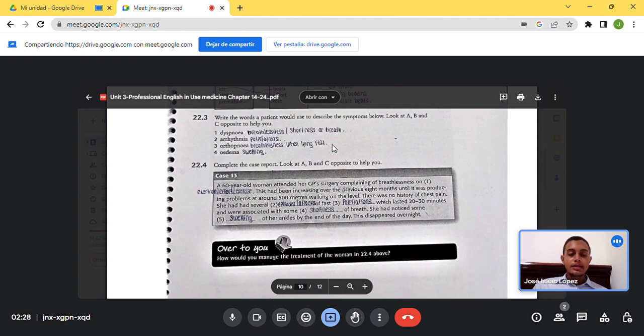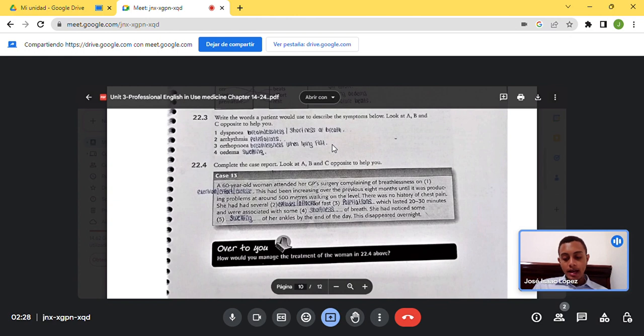Okay, that is case 13. Number one. Case 13 says, a 60-year-old woman attended her GP's surgery complaining of breathlessness on exertion, effort, and exercise.